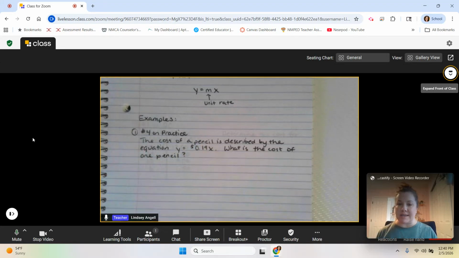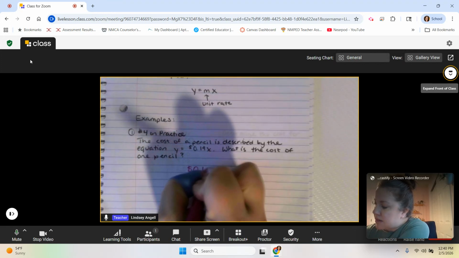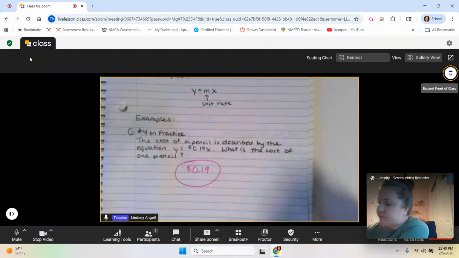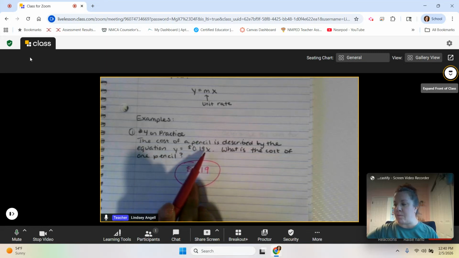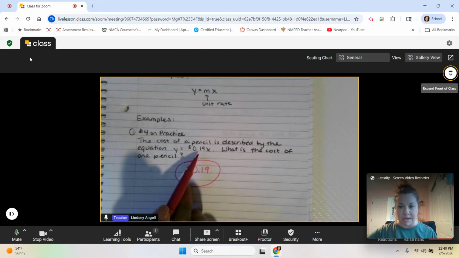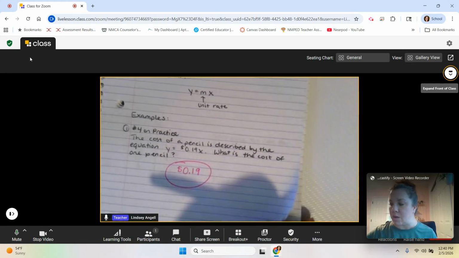So that is our unit rate. The answer would be 19 cents, okay? That is our unit rate, because if I were to put 1 in here to represent the number of pencils I'm buying, I would get 19. If I put 2, I'd get 38 cents, and so on. That's what that's showing.